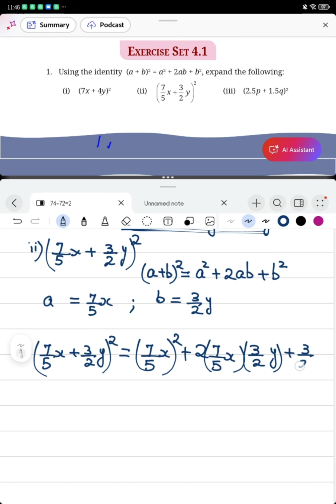B square here is (3 by 2y), and it has to be squared. So now we find the square of 7, which is 49 by 25 x square.